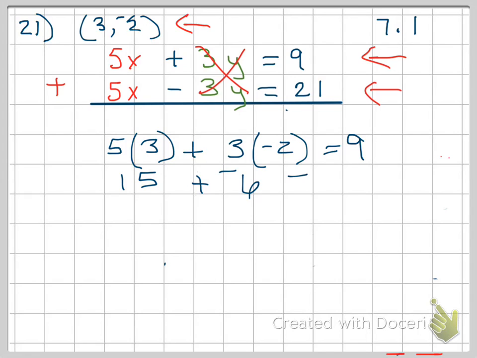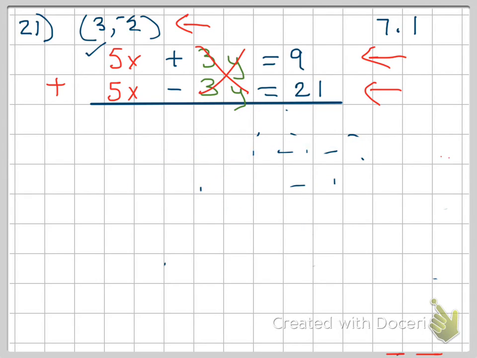So -6 equals 9, and 15 minus 6, or plus a -6, is 9. So 9 is equal to 9. So we can check this one off. So far, our coordinates are true, that's where the two lines are going to intersect.